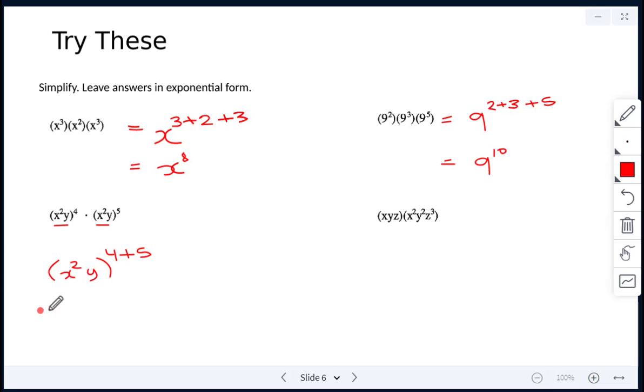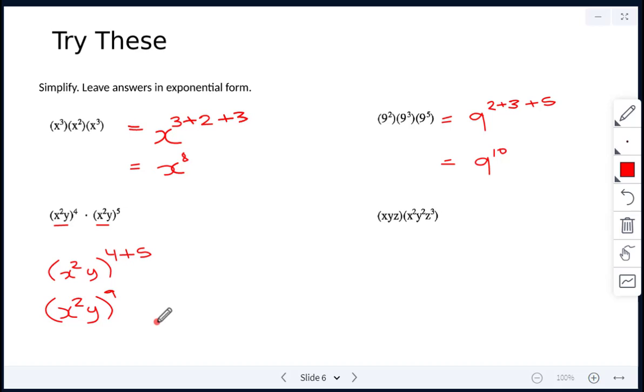That leaves me with x squared y to the power of 9. We could leave it here for what we've learned so far with just the product law.